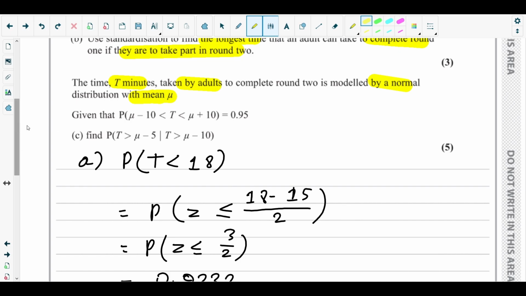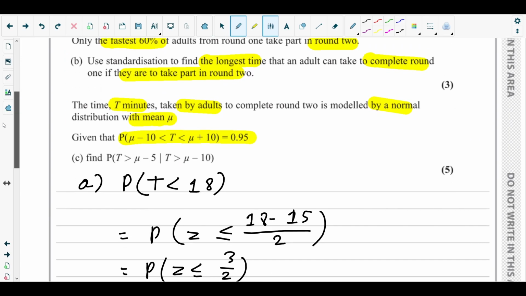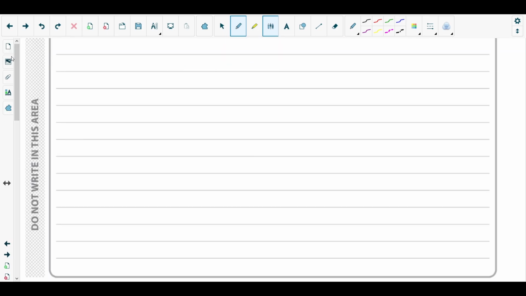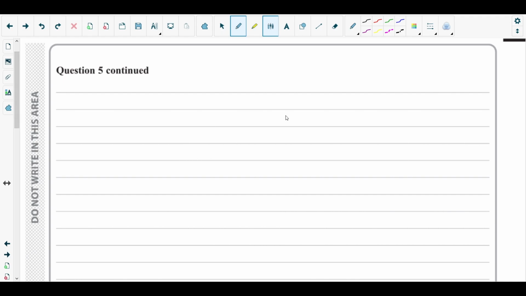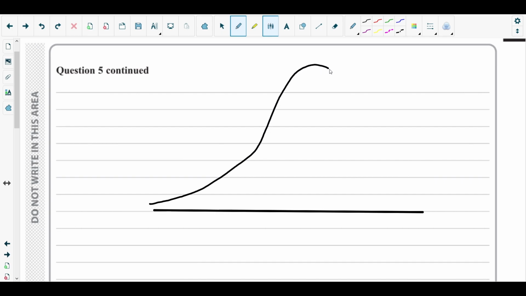Okay, so given that the probability of t greater than mu minus 10 and less than mu plus 10 is 0.95, let me show you using a bell curve. Here the concept of the bell curve is very important. At first let's draw a bell curve. A bell curve looks like this, right?